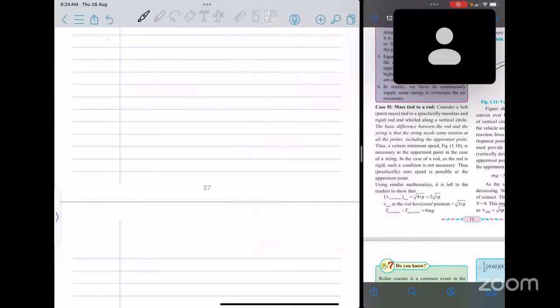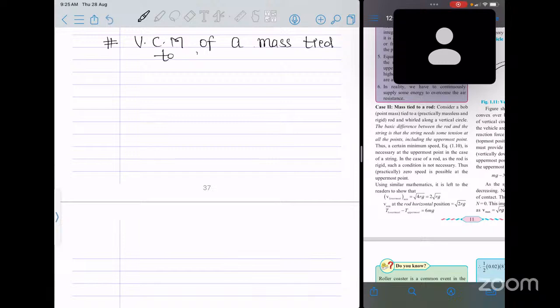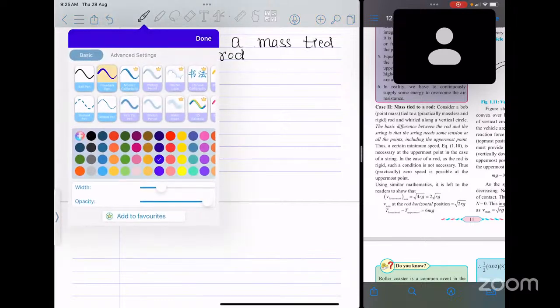Next concept is, if the object is not connected with a string but with a rod, so vertical circular motion of a mass tied to a rod, like this.